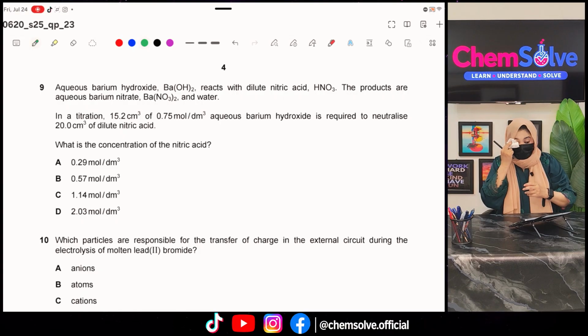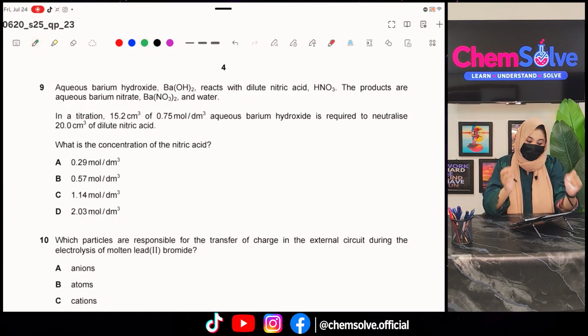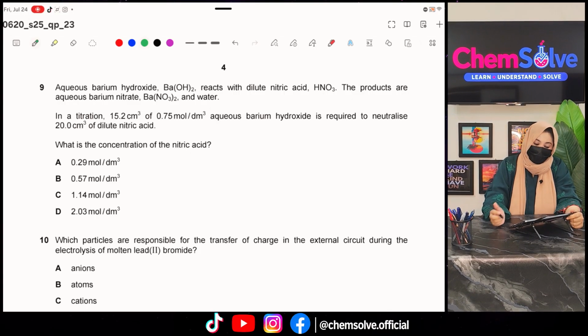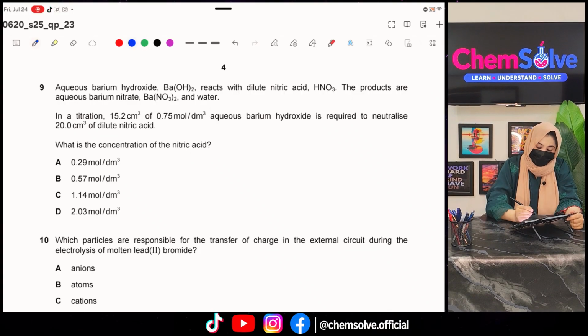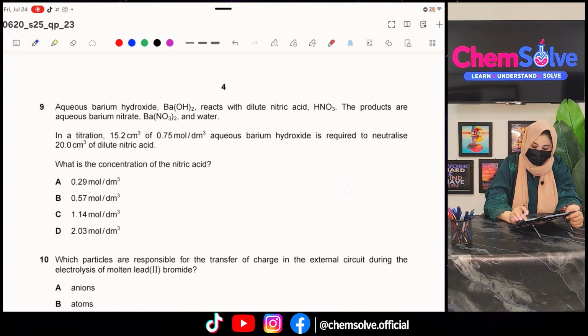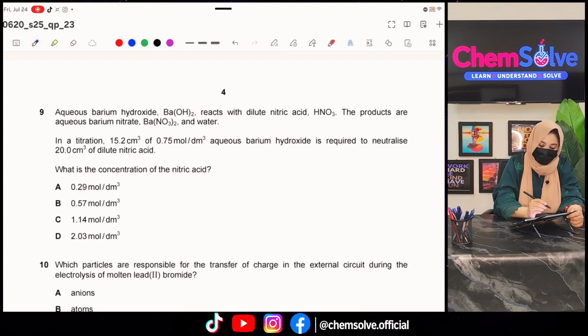So the next question is again from the mole series. Aqueous barium hydroxide reacts with dilute nitric acid. We need the equation for that. So let me write the equation over here.